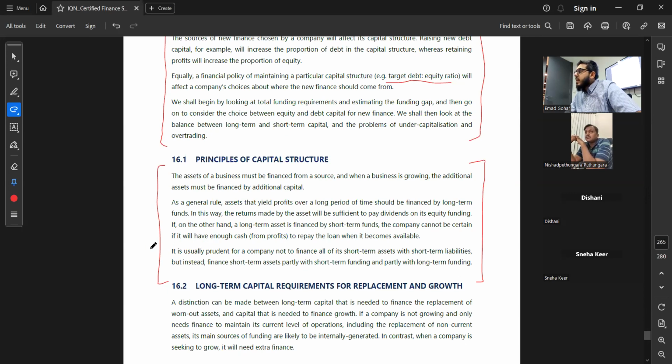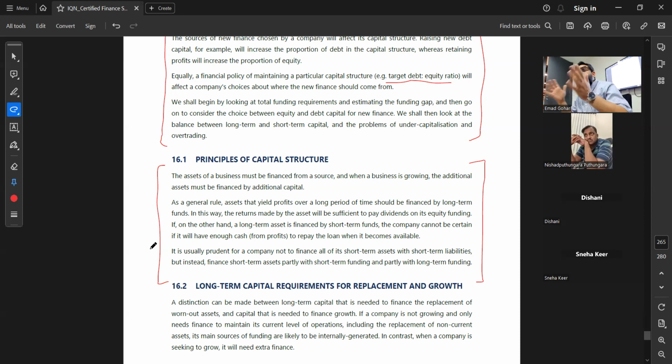So they are saying in the second paragraph, if you want to buy a long-term asset, like you are buying a plant, not that flower plant, plant means factory plant. The life of the plant is 15 years, so you can take a 15-year loan to buy that plant.